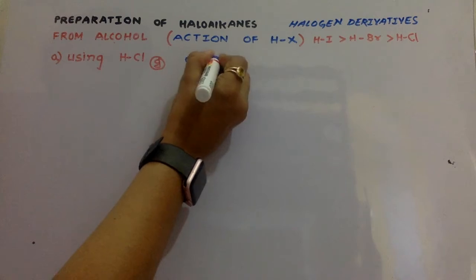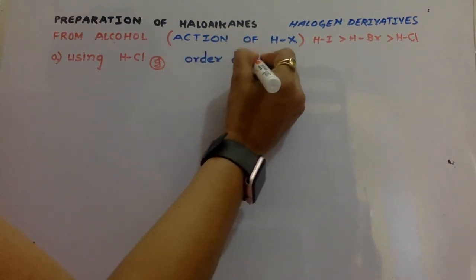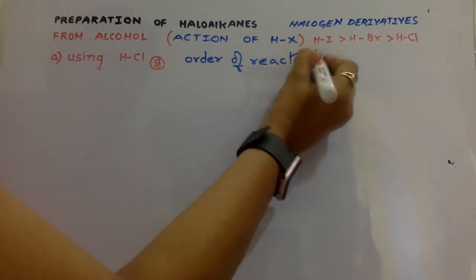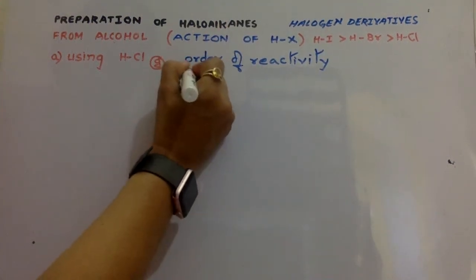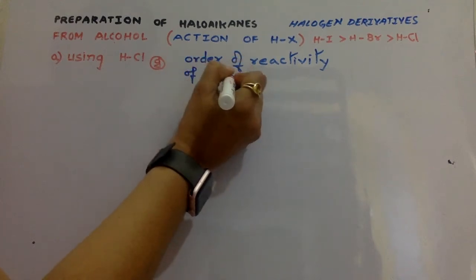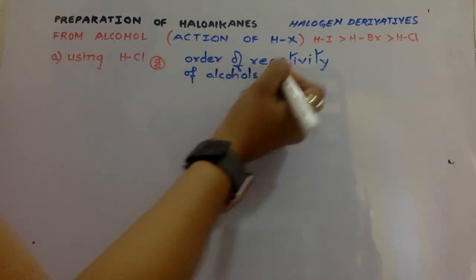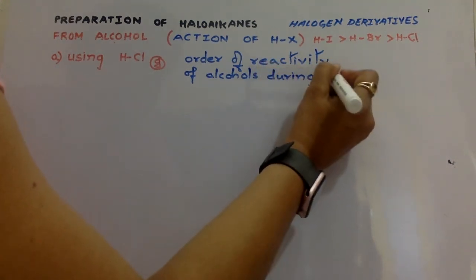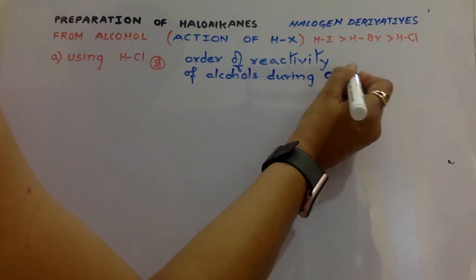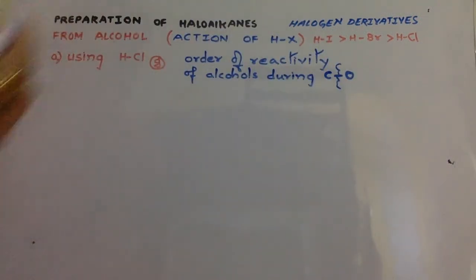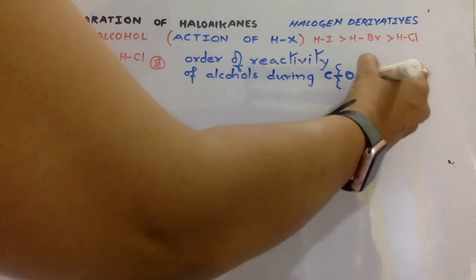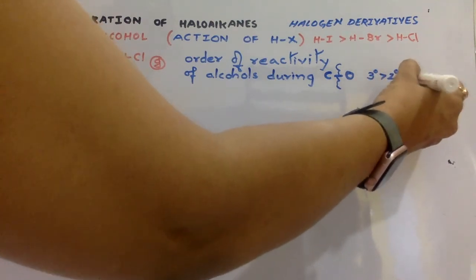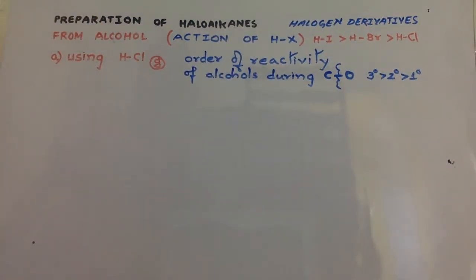Order of reactivity of alcohols during C-O cleavage is 3 degree alcohol more reactive than 2 degree alcohol, more reactive than 1 degree alcohol.